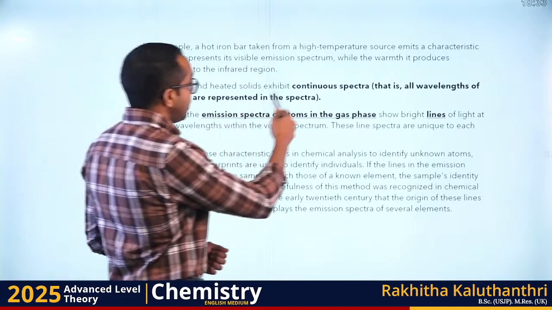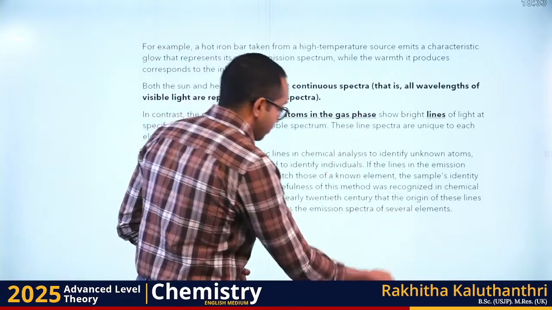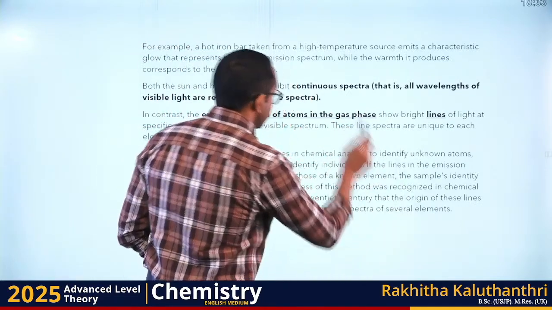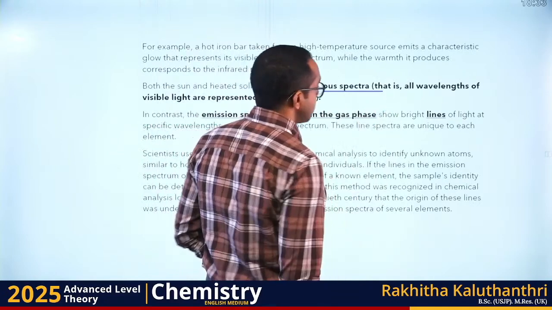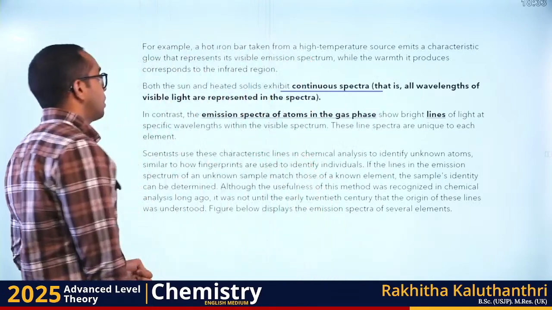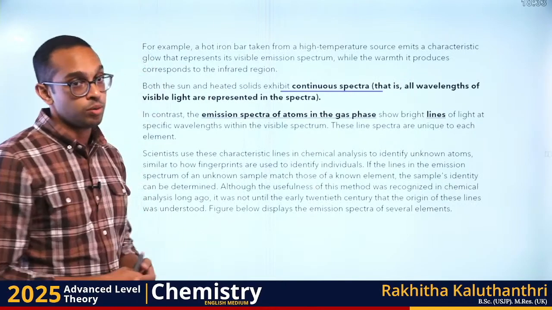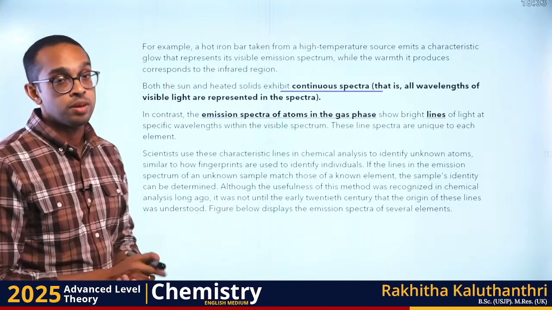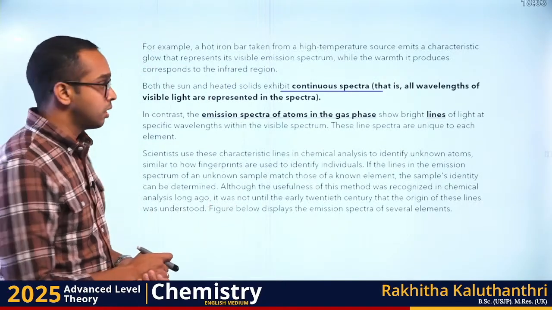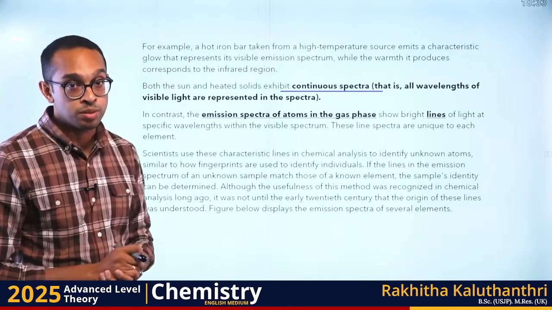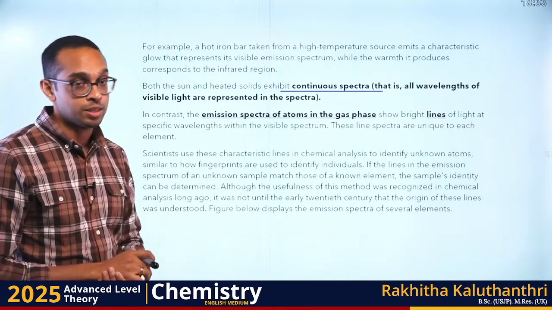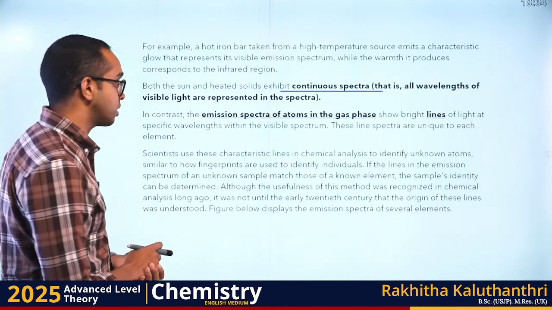Both the sun and heated solids exhibit continuous spectra, that is all wavelengths of visible light are present in the spectra, not just visible light, all wavelengths within a given region of radiation are going to be present. But since we are talking about mainly white light here, that's why the visible light word was included in this case.